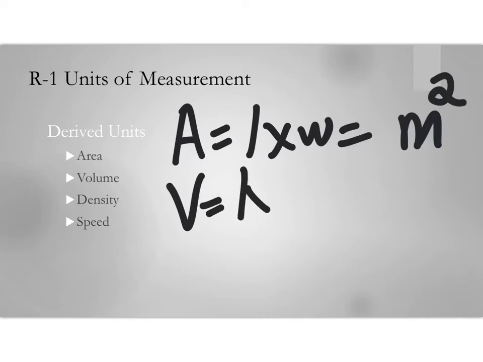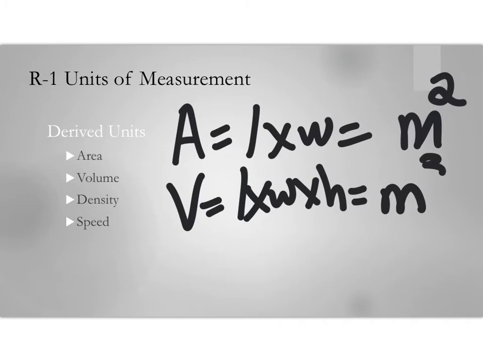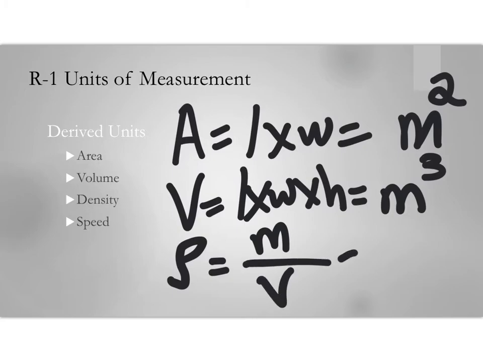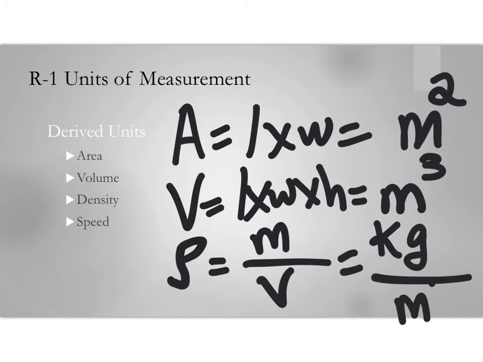Volume, length times width times height, is measured in cubic meters if we're using the SI units of measure. Density, we'll get to at the end of this lecture, but density has the symbol, the Greek letter rho, and that is mass divided by volume, measured in kilograms per cubic meter.